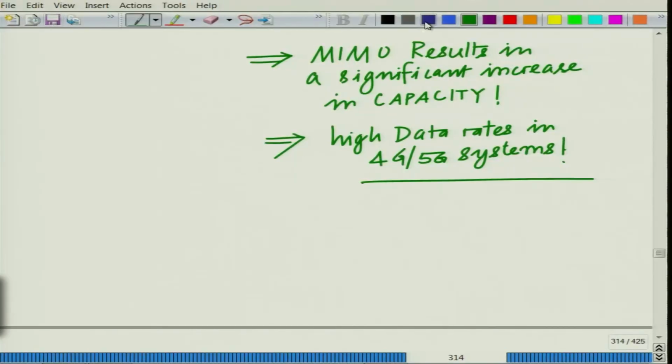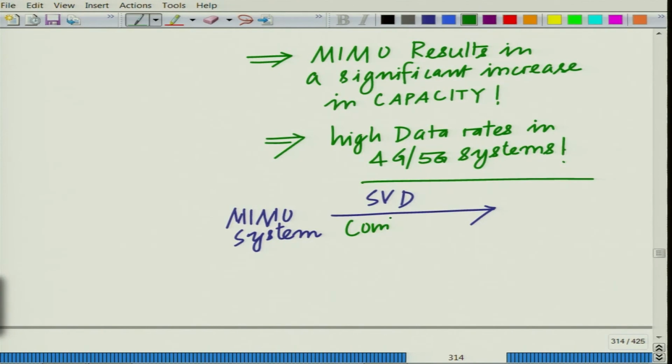So, what we have essentially is, you have the MIMO system, we have performed the SVD, which is basically combining plus precoding.